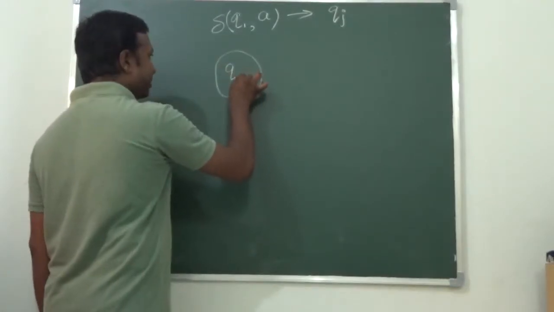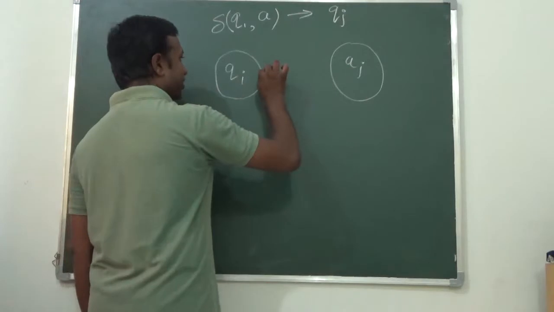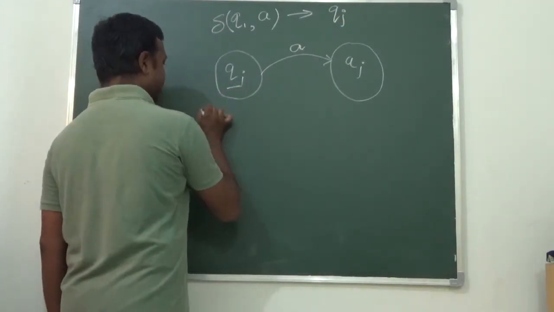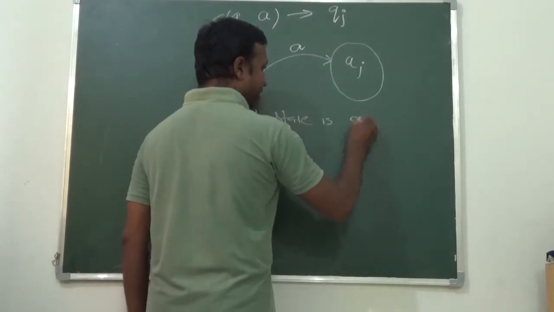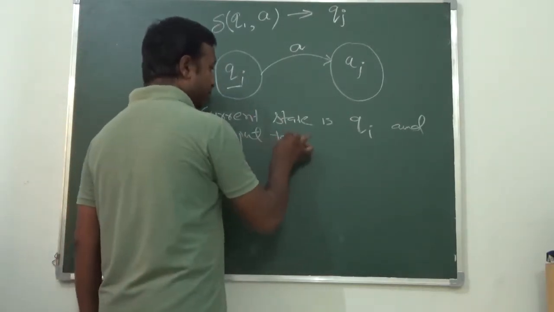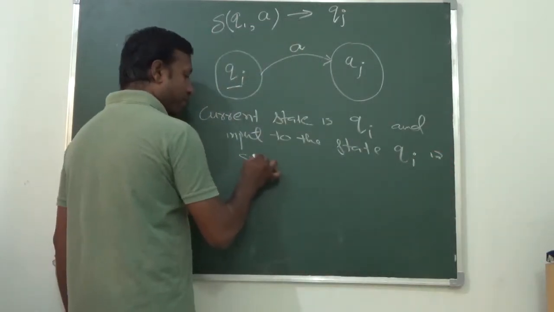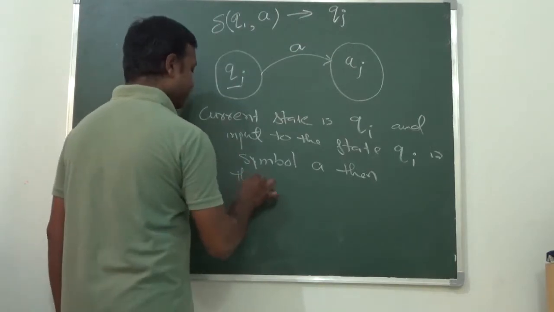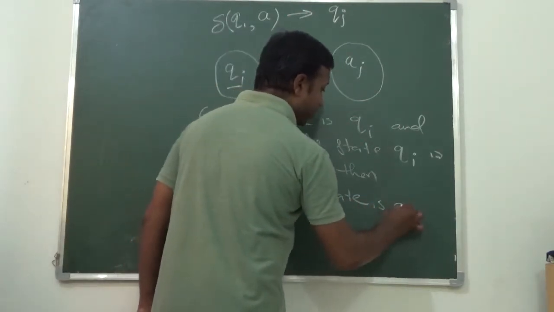This is a state Qi, and this is a state Qj, and there is a transition by having the symbol A. So if the current state is Qi, and the input to the state Qi is symbol A, then the next state is Qj.